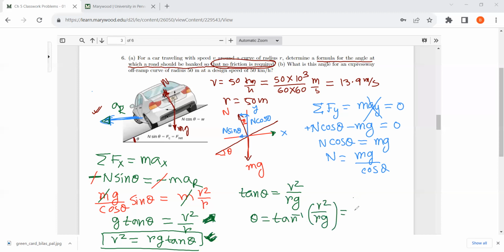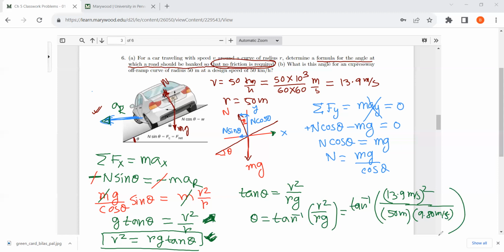So that is equal to tan inverse of v squared, which is 13.9 meters per second, squared. R is 50 meters, and the gravitational acceleration is 9.80 meters per second squared.